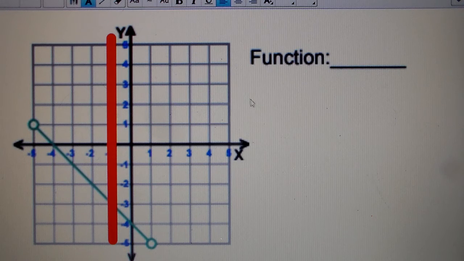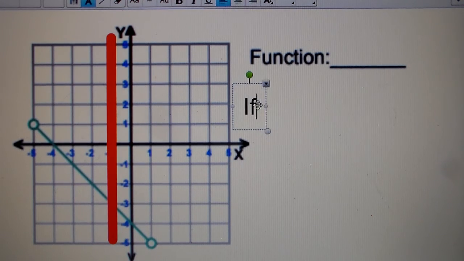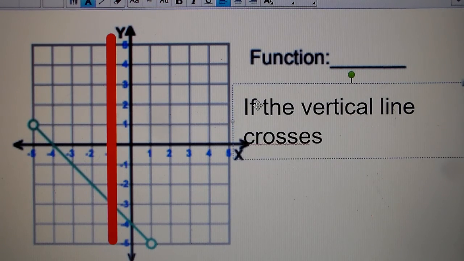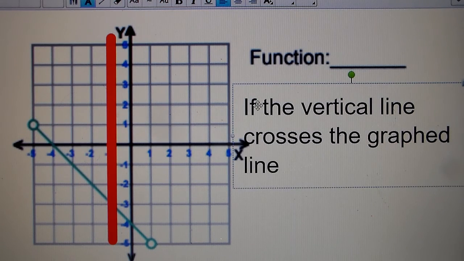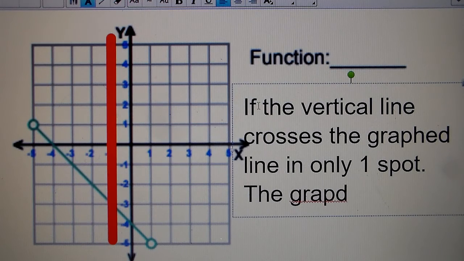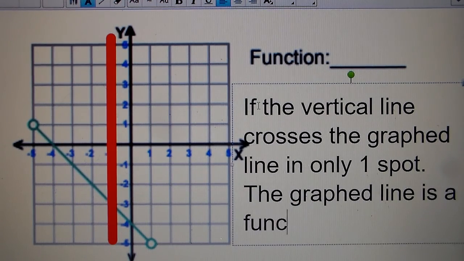If the vertical line crosses the graphed line in only one spot, the graphed line is a function.